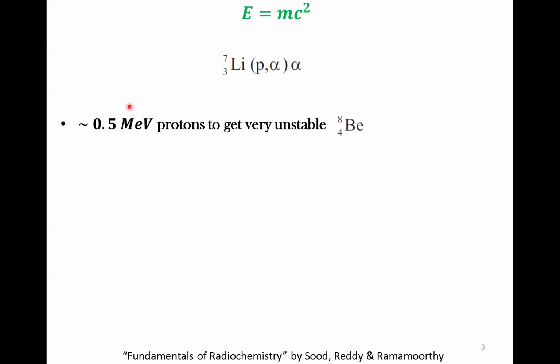When you have a 0.5 MeV proton as a projectile colliding with a lithium atom, you produce a very unstable beryllium atom, which decays to two alpha particles. So the overall reaction is the following.